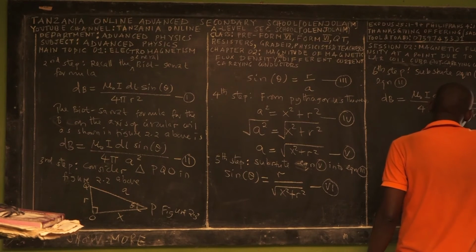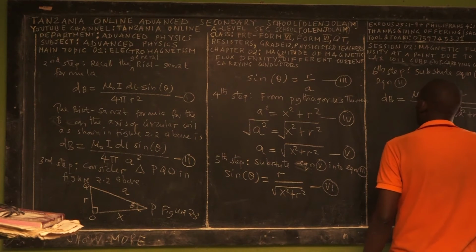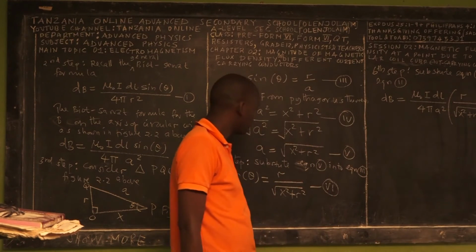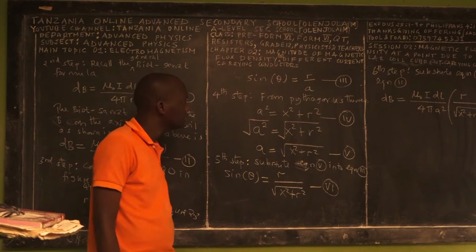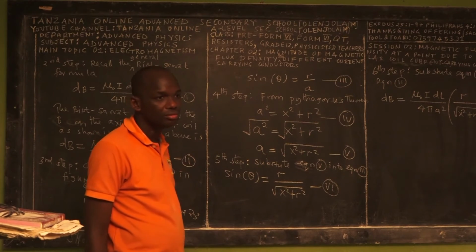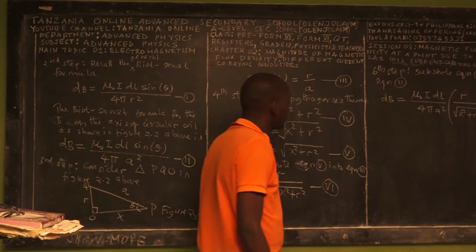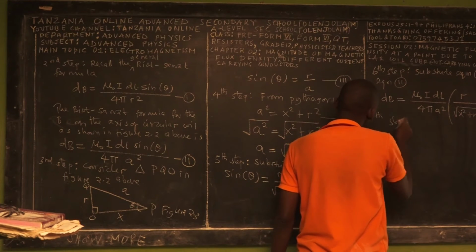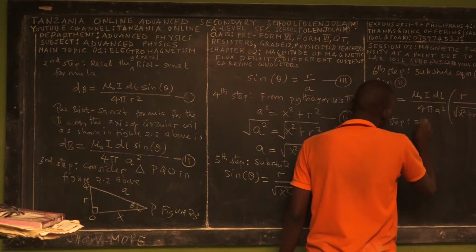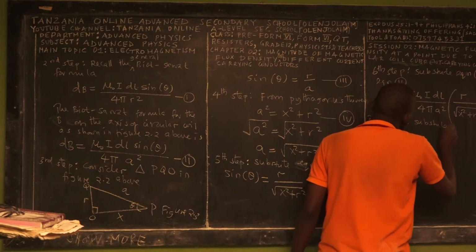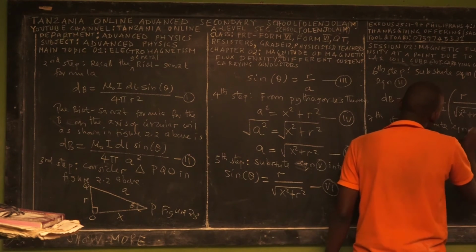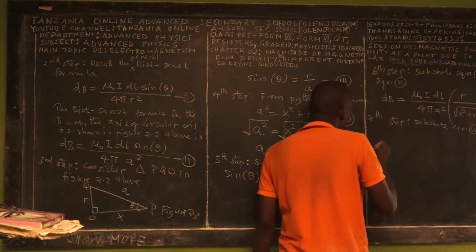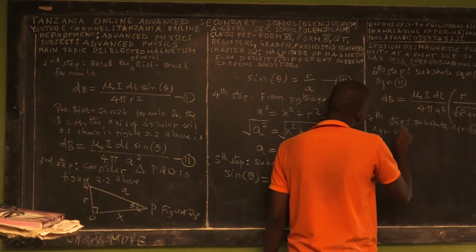If you examine all of these equations, there's a relationship between equation 6, equation 4 and equation 7. So we go to the 7th step: substitute equation 4 into equation 7.